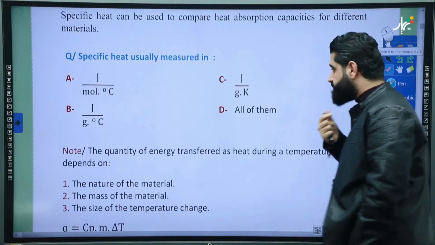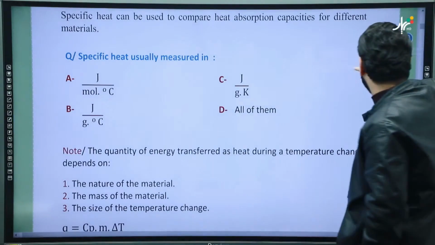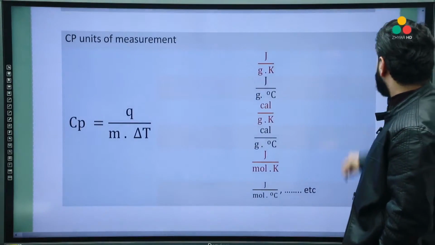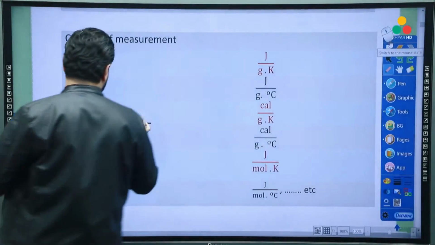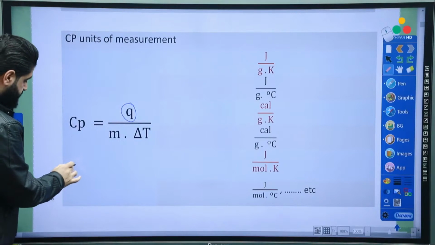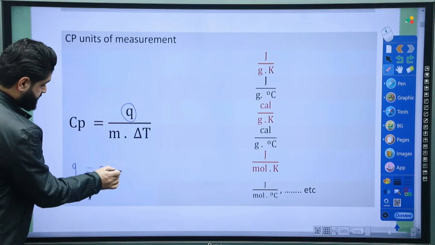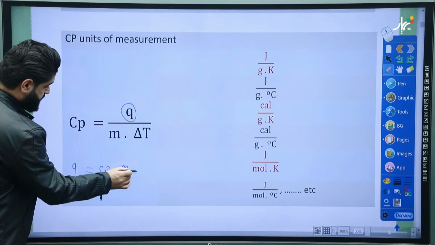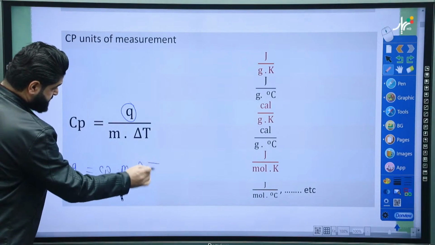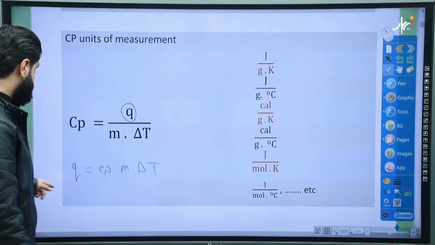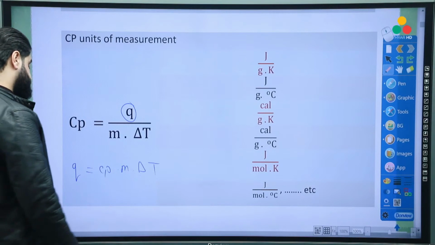Look, another thing. I'll get back to the previous page here. If we measure Q, the amount of energy, Q equals Cp times M times delta T. Remember, Cp doesn't depend on these components.